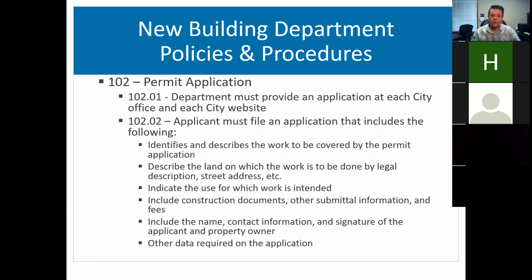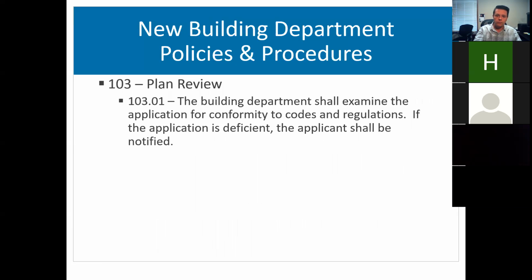102 has to do with the application itself. The policy requires us to have applications for building permits available in the office and on the website. The applicant has to get that application and file it, and there's specific information that is required to be on there under 102.02. 103 has to do with how plan reviews get done.